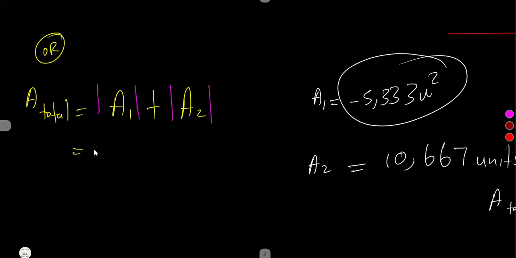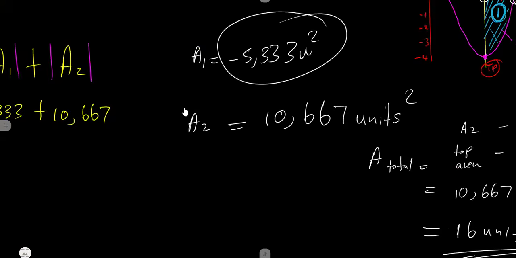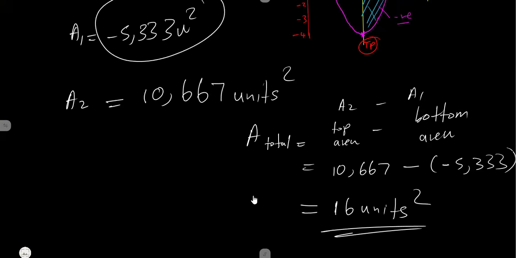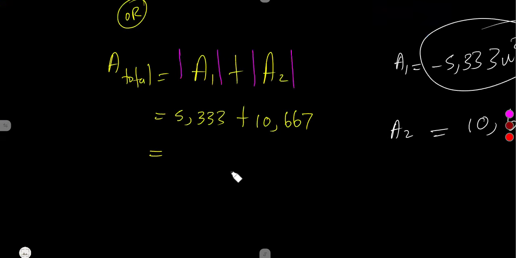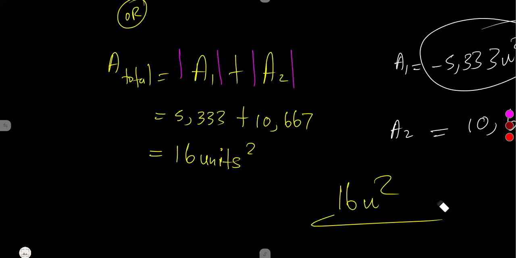So it is 5,333 plus the magnitude of area 2, which was already positive. So you combine these two, and you still get the same answer we obtained previously, which is 16 square units. Or you can just say 16 square units in short.